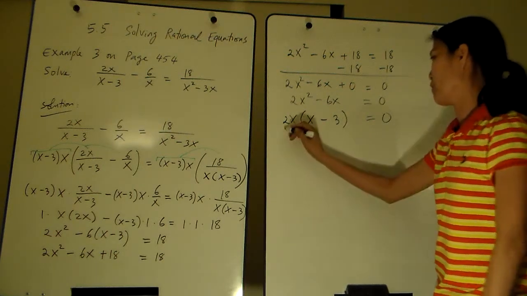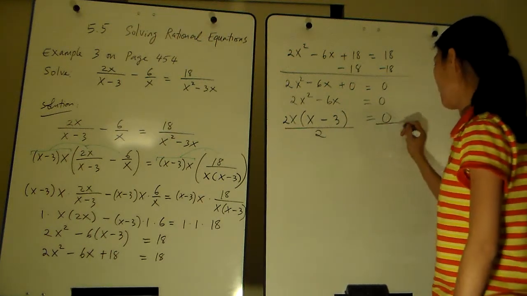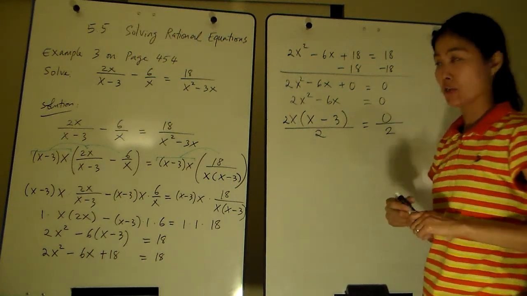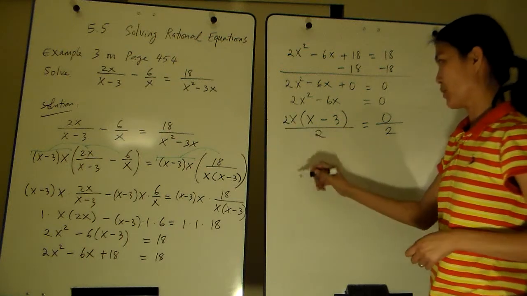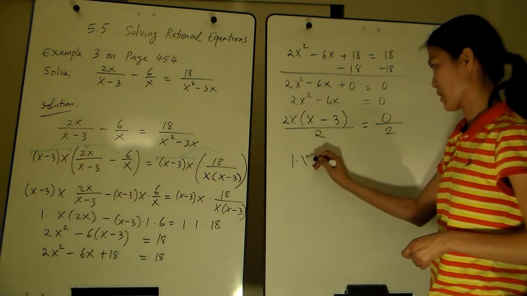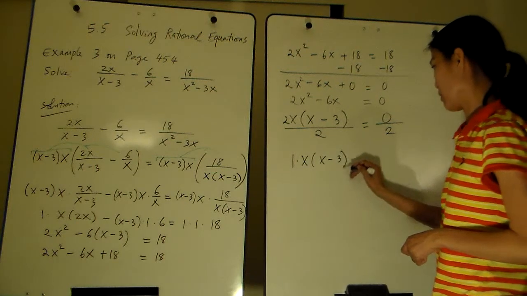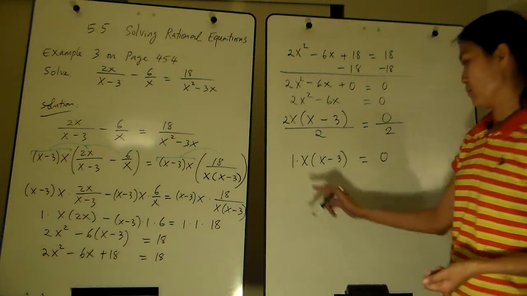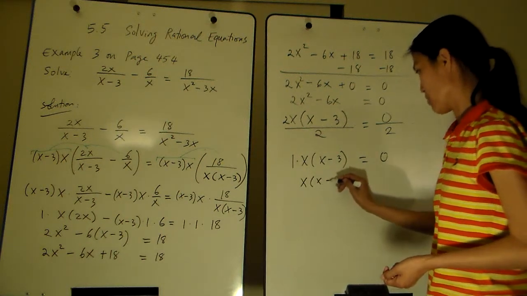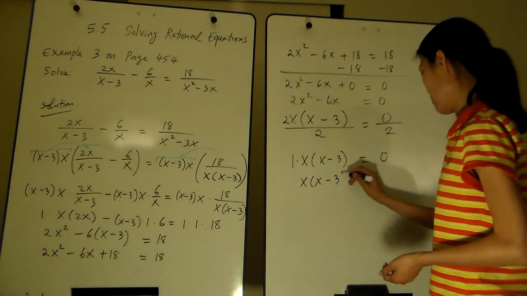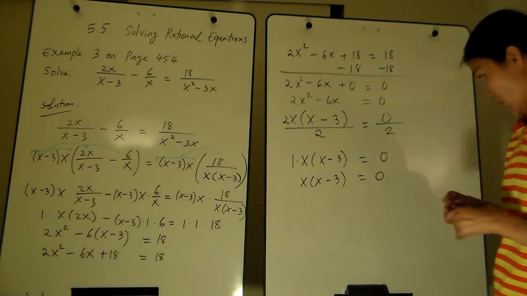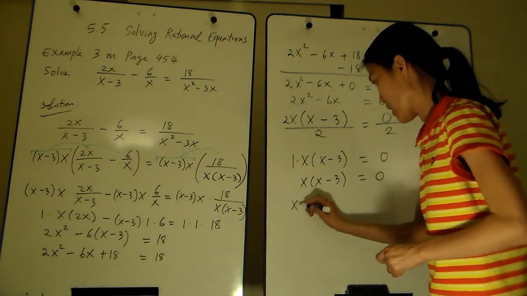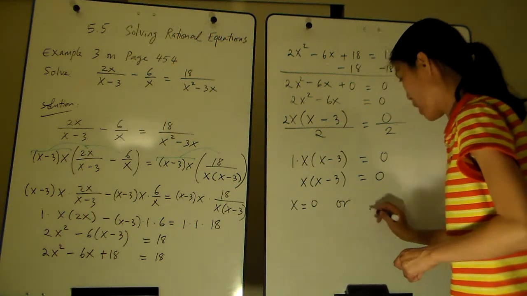If you divide by 2 on both sides, 2 divided by 2 is 1, times x, x minus 3, equals 0. 0 divided by anything is 0. So 1 times x is x, x minus 3, equals 0.